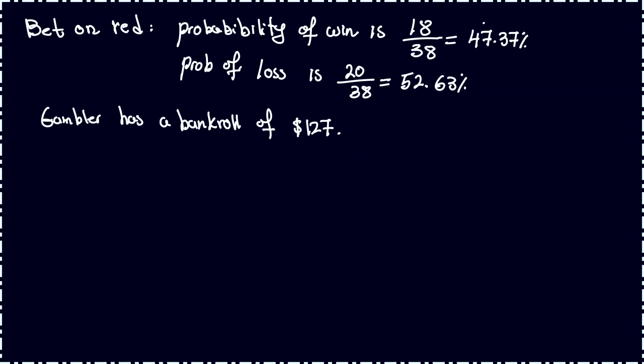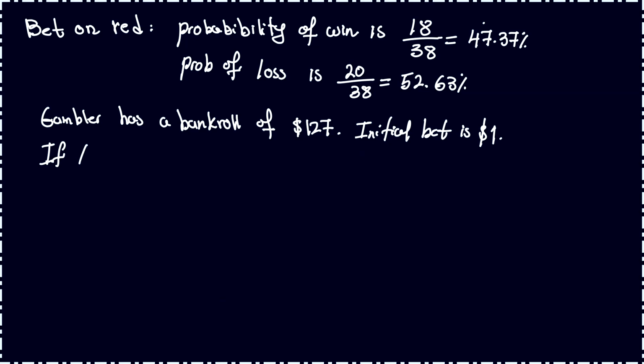And to keep things simple, let's just assume that the initial bet is $1. Again, this initial bet could be any amount. And let's see what happens when the gambler loses in consecutive bets.